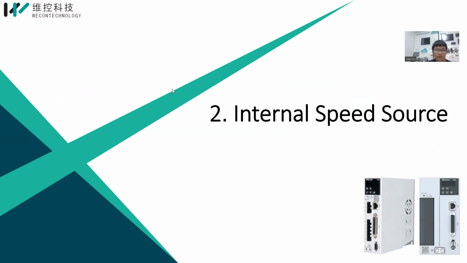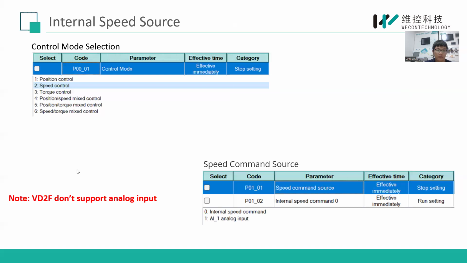Okay, so we continue here. First, for control mode selection, we use this parameter and set it as 1 to select speed control.